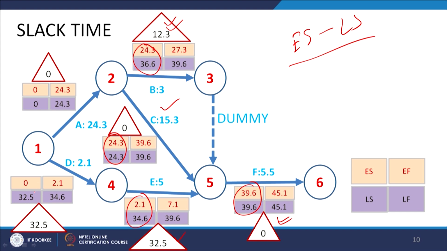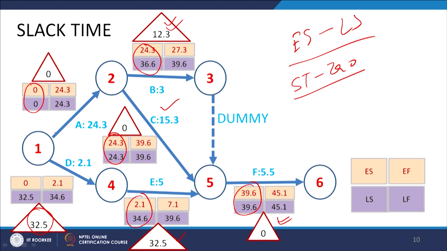Then we have activity D, with a difference between latest start and earliest start time of 32.5. And similarly, the difference between the earliest start and the latest start time for activity A is 0. So, all the activities having slack time 0 cannot be delayed in any way without delaying the project duration.